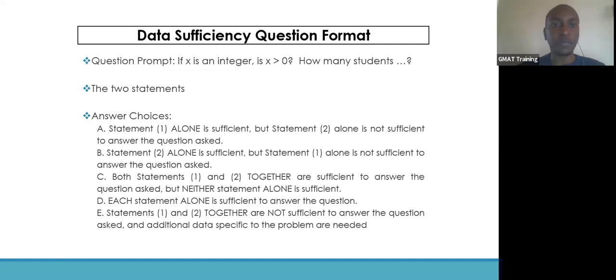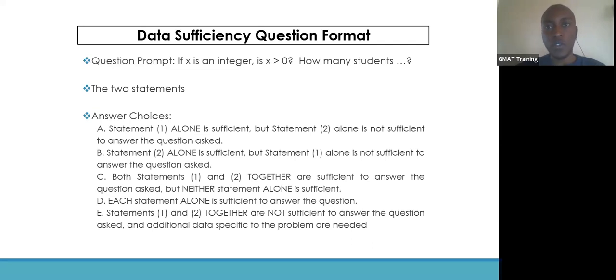Then we have the second part of data sufficiency questions, the two statements. You take one statement independently first. If it's statement 1, determine if the statement is sufficient to answer the question.